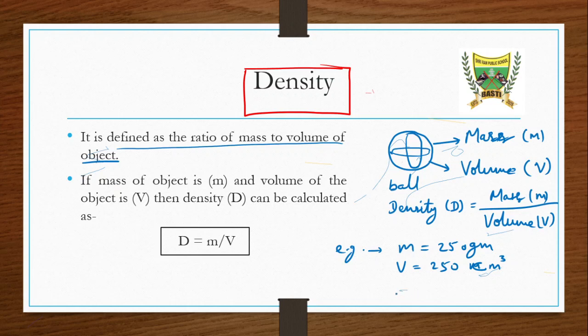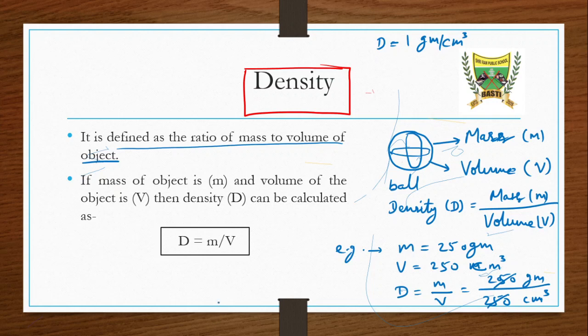Then the density will be mass upon volume, that is, 250 gram divided by 250 centimeter cube. So 250 and 250 cancel out, and we get density equals 1 gram per centimeter cube. Like this we can calculate the density of any object.